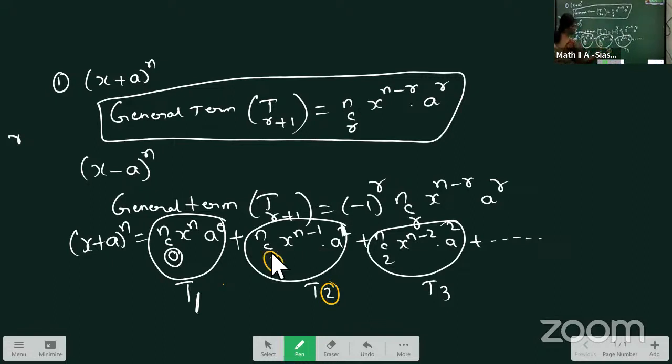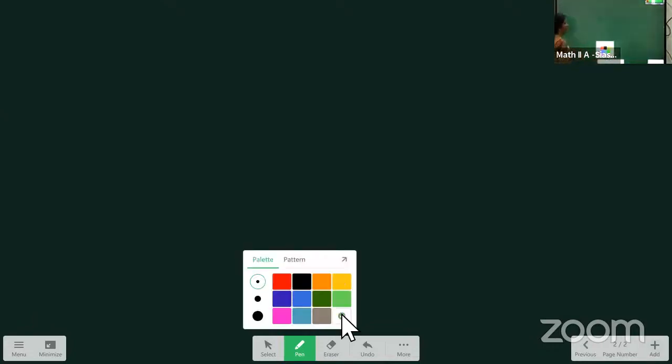See the difference: one number is falling short. If it is T3, we are getting nC2. Based on this term 1, term 2, term 3, we have to solve the LAQs here by taking this as a hint. Go to the question.